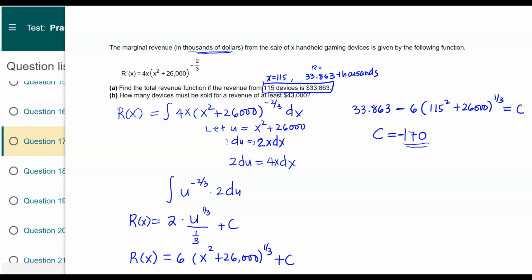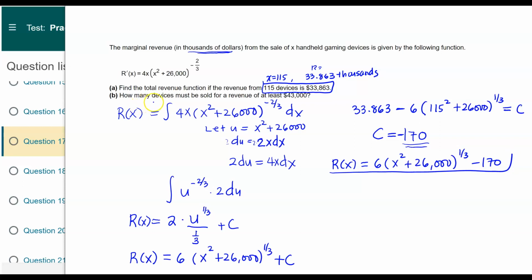So c is negative 170. From there, R of x is equal to 6 times x squared plus 26,000 to the 1/3 minus 170. So that's the revenue function.